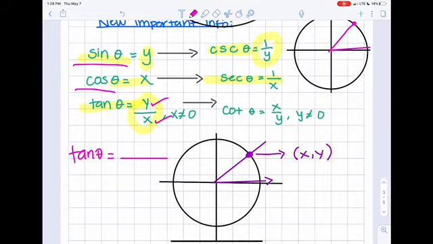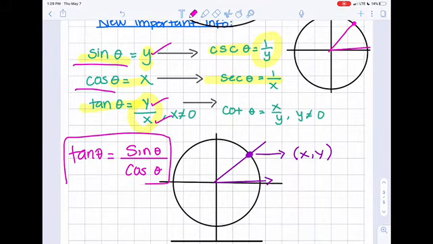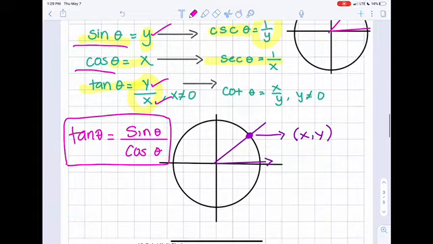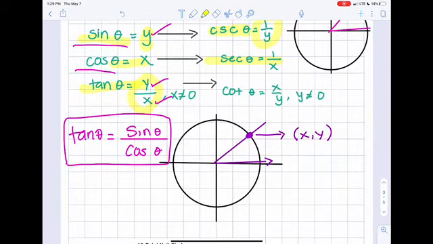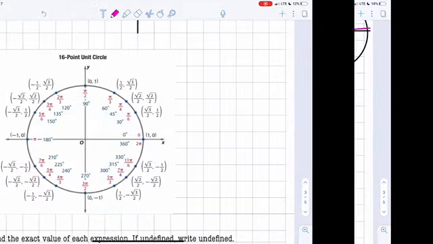But what is my y? It's sine. So I could say sine theta divided by my x, which is cosine theta. So tangent of theta is equal to sine of theta over cosine of theta. Now, we know that its reciprocal is x over y. And whatever your denominator is, it can never be 0.